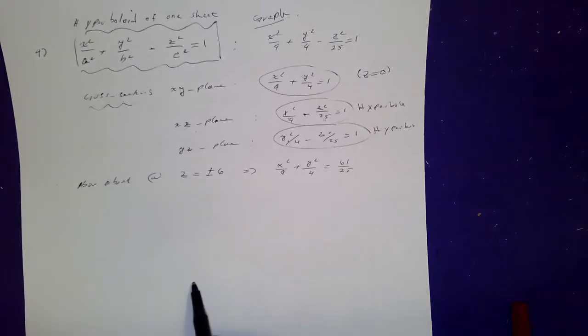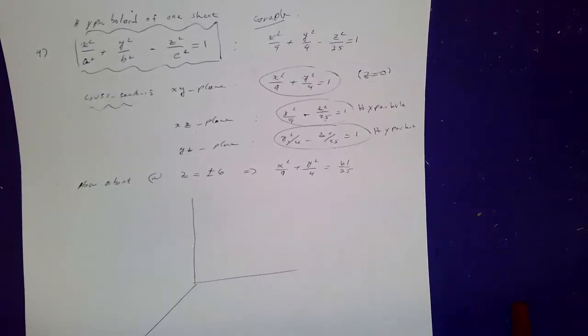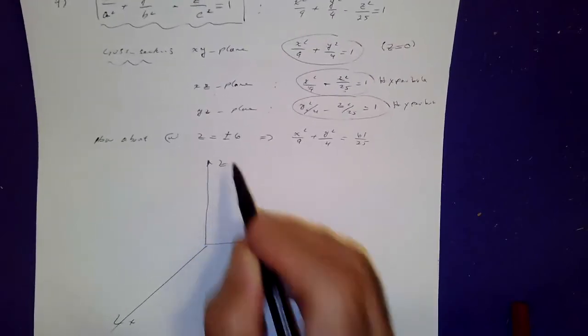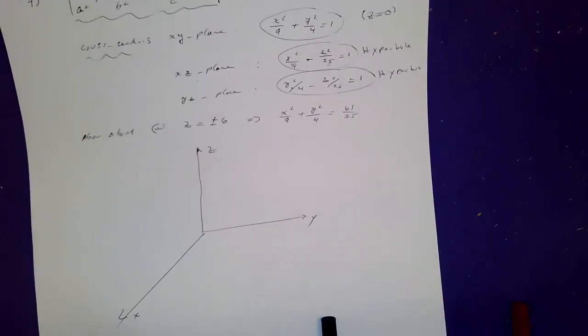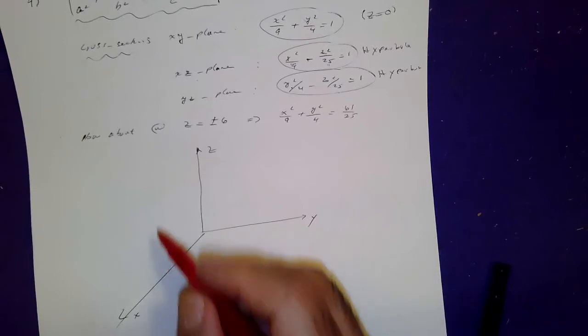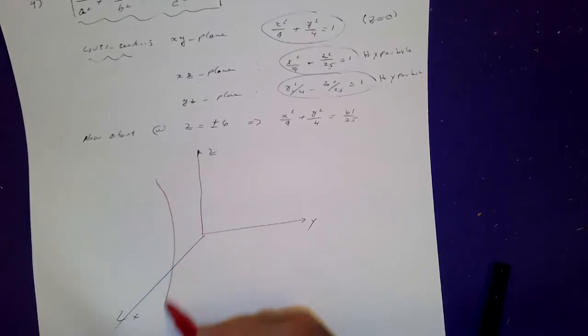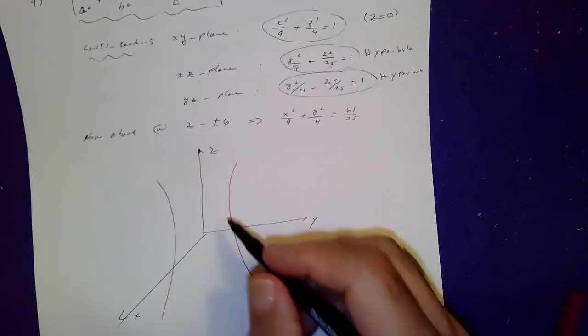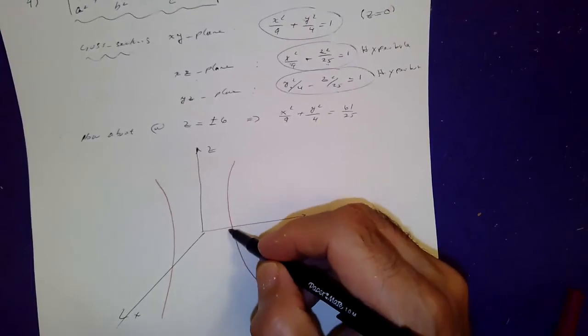So what happens is the following. Here is good old x, y, and z-axis, correct? So you have two hyperbolas. One of them looks like this. The other guy kind of looks like this.